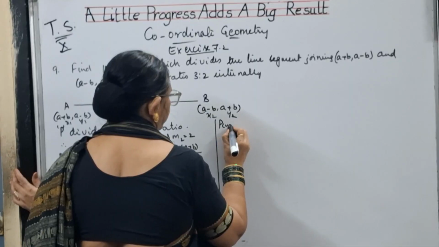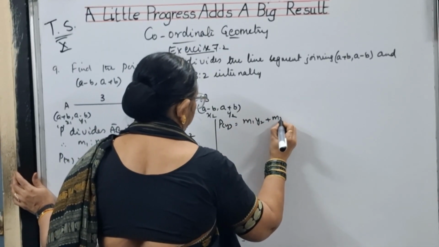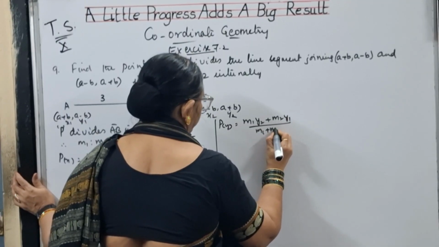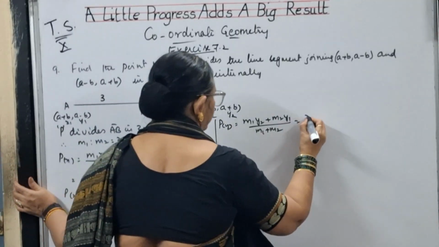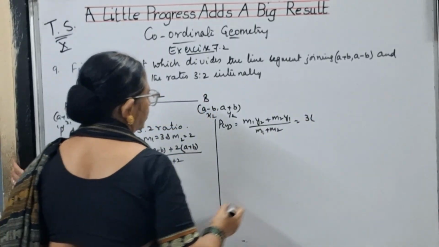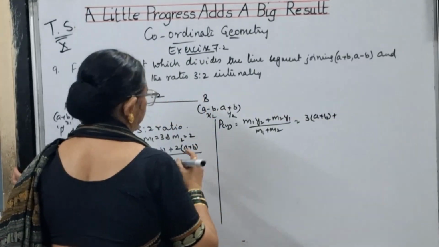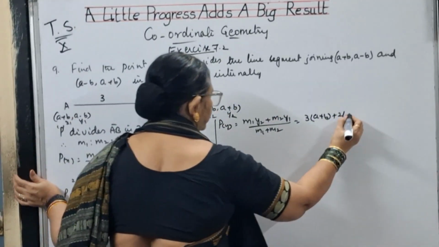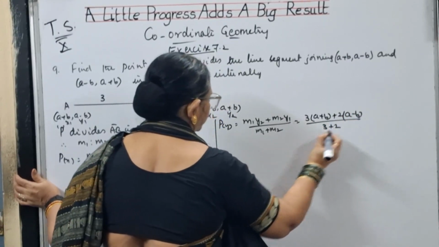P of y is equal to (m1 y2 plus m2 y1) by (m1 plus m2). That is equal to m1, we have taken 3, into y2, a plus b, plus m2 is 2, into y1, a minus b, by 3 plus 2.